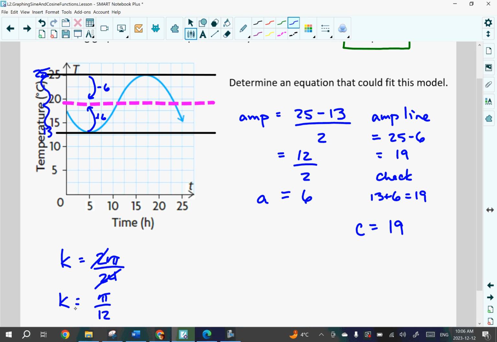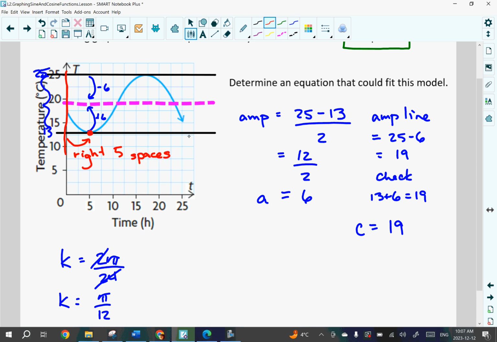And then we have to decide, has there been a horizontal phase shift left or right? If this is the first coordinate of the cosine graph, which is usually supposed to be up there, that is supposed to happen on our y-axis. So it has been moved to the right 5 spaces or units.